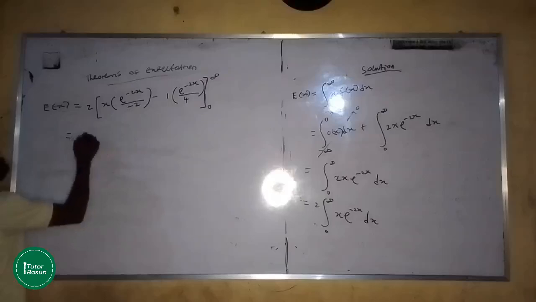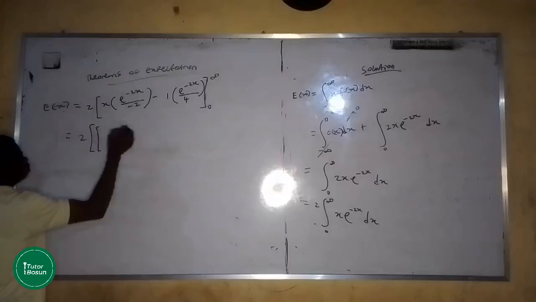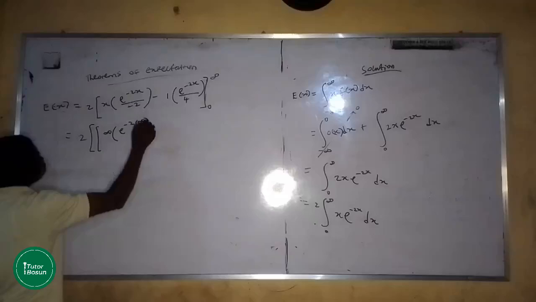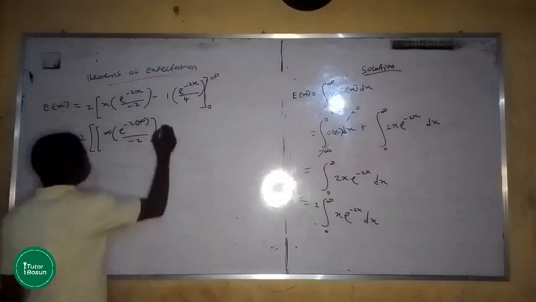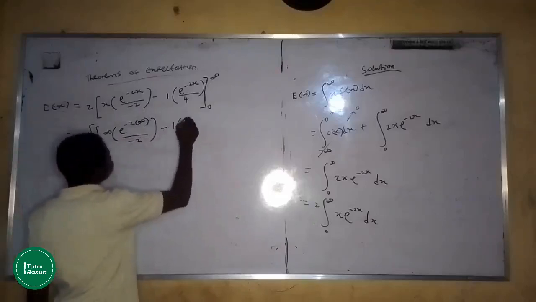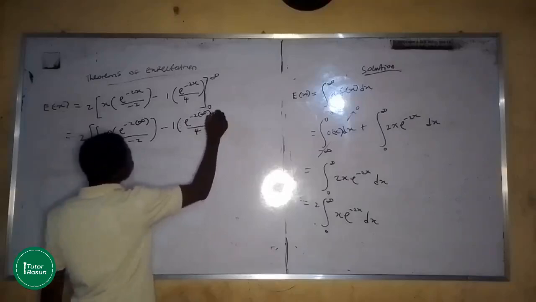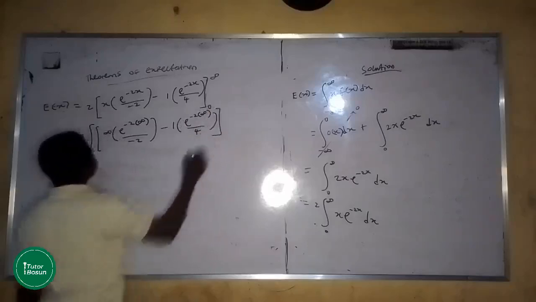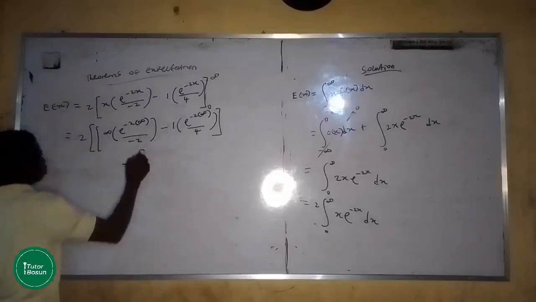So here we have 2 times, introducing our boundary condition, infinity times exponential minus 2 times infinity over minus 2, minus 1 times exponential minus 2 times infinity over 4, close the brackets, minus, don't forget, we introduce that of 0 as well.